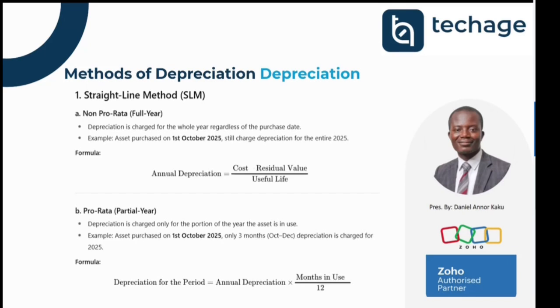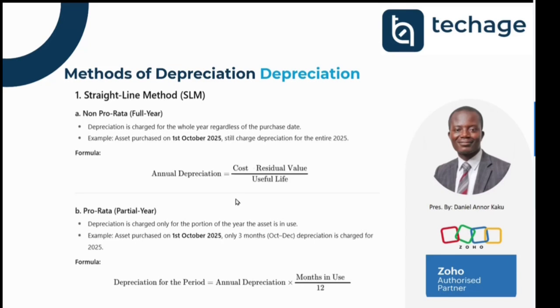Now, depreciation is charged for the whole year, regardless of the purchase date. That is the non-pro rata. Assets purchased on 1st October 2025 will still charge depreciation for the entire 2025 if it is non-pro rata. And the formula will be annual depreciation equals cost minus residual value over the useful life.